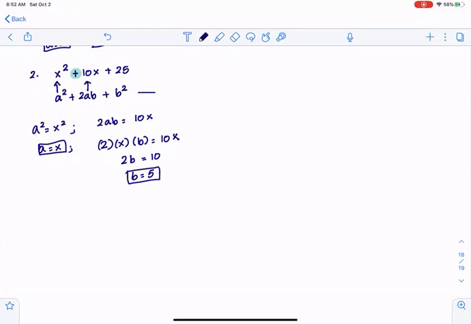We know a squared plus 2ab plus b squared is a plus b whole squared. a is x, b is 5. So x squared plus 10x plus 25 can be written as x plus 5 whole squared, which simply is x plus 5 times x plus 5.